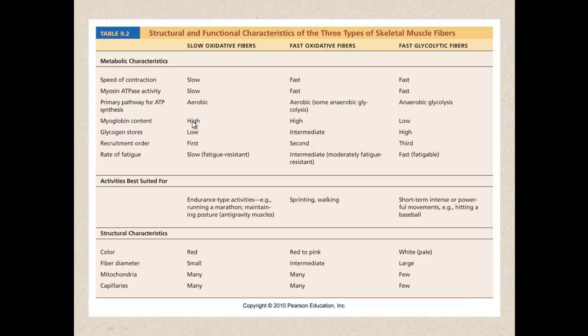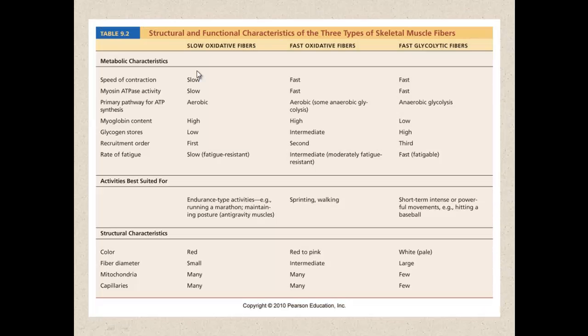And if we can bind oxygen, the pathway for metabolism will be the aerobic pathway. Again, many enzymes involved, so this pathway takes a little longer to kick in, but we get lots of ATP being produced. So marathon runners who are very good at marathon running probably have a high percentage of slow twitch fibers in their leg muscles.